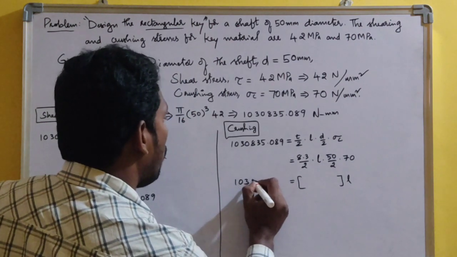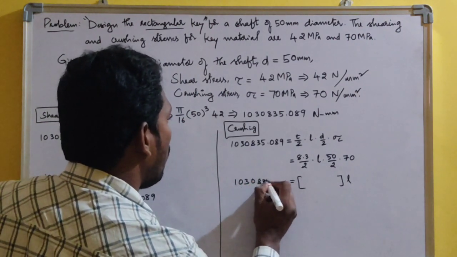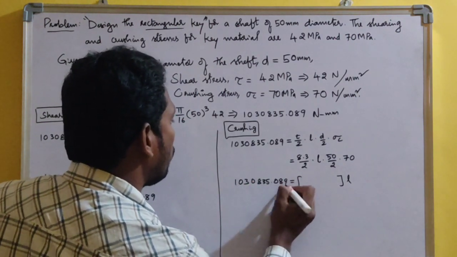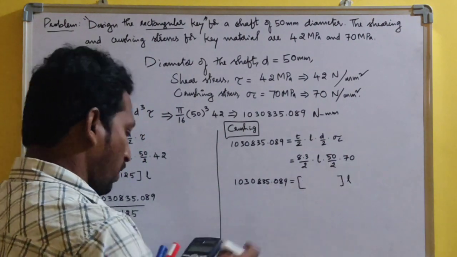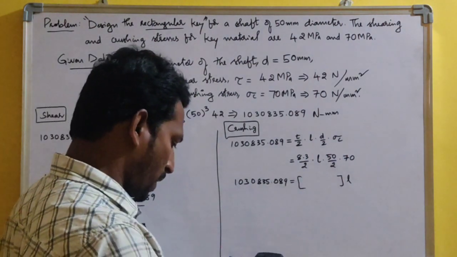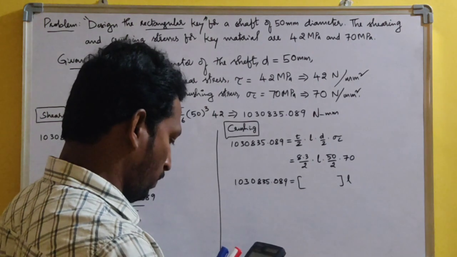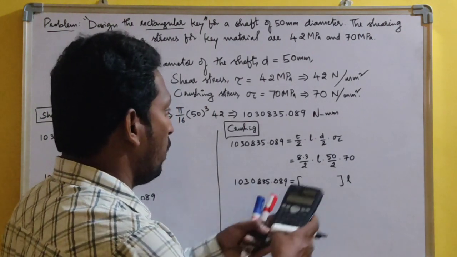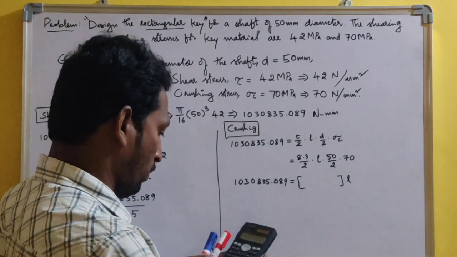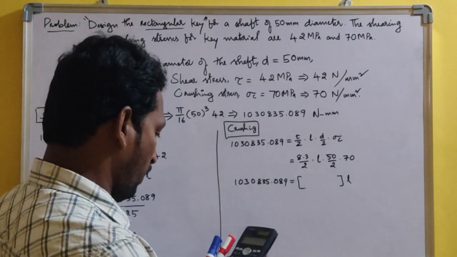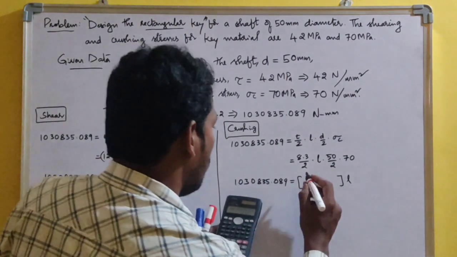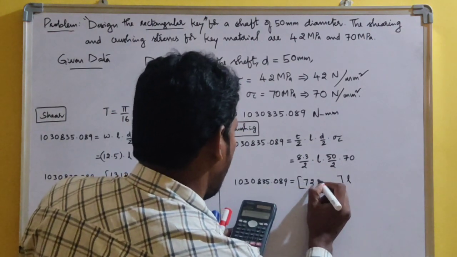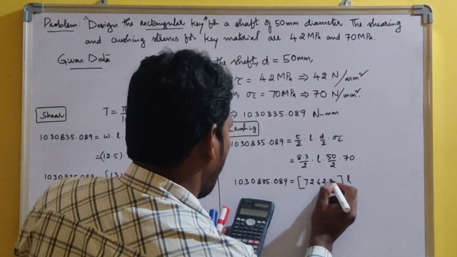Now write the same value here: 1030.835.089. 8.3 divided by 2, into 50 divided by 2 means 25, into 70. So this value is 7262.5.